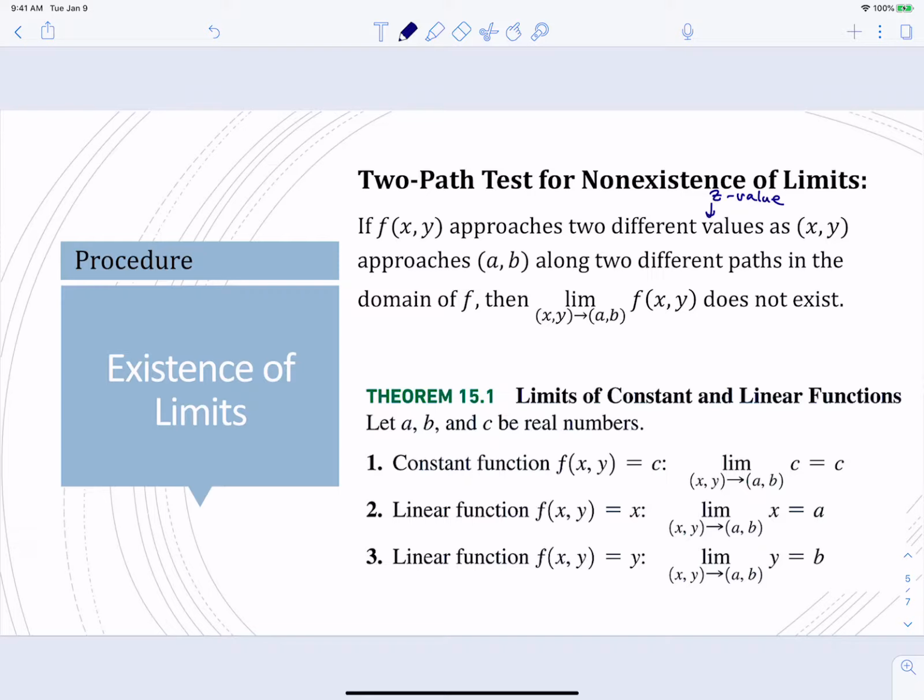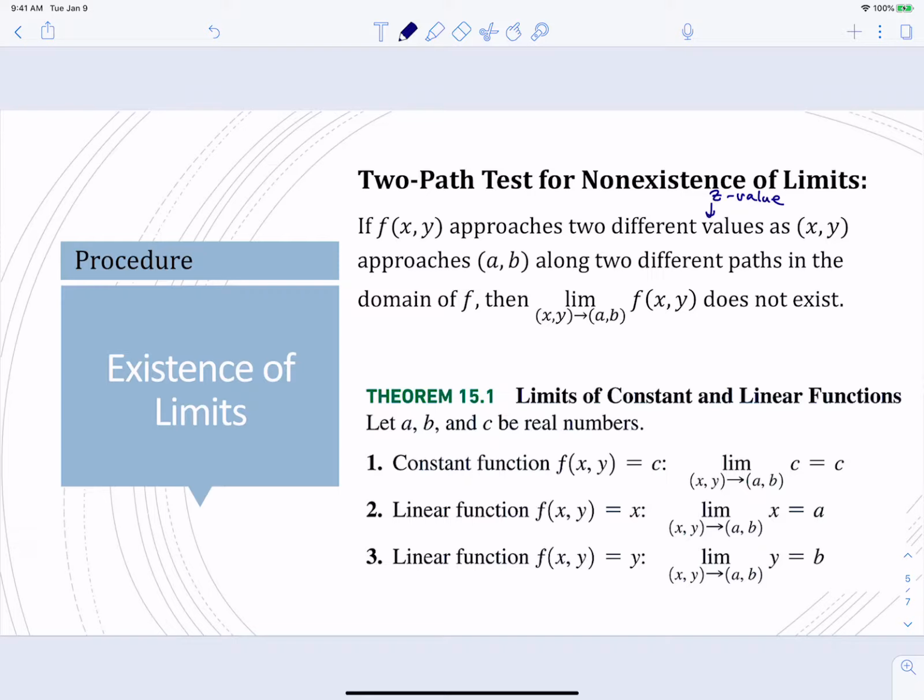But what is nice, because it's going to be hard to prove that these limits do exist because there's infinite paths. So what's nice is a lot of things that used to be true about limits in 2 dimensions, they're still true. So like if we have the limit of a constant function, so say we have basically a flat plane sitting up in 2 dimensions, if we've got the limit of the constant, it is a constant.